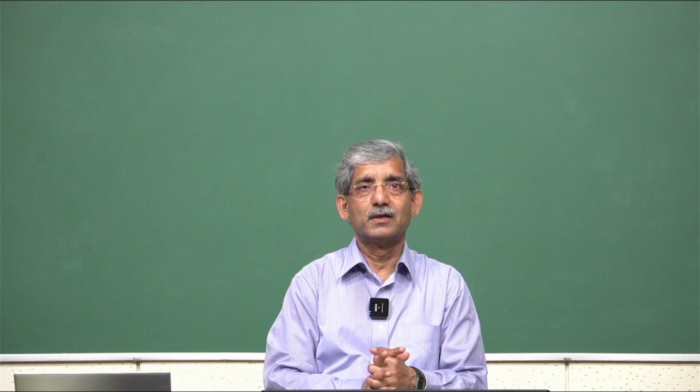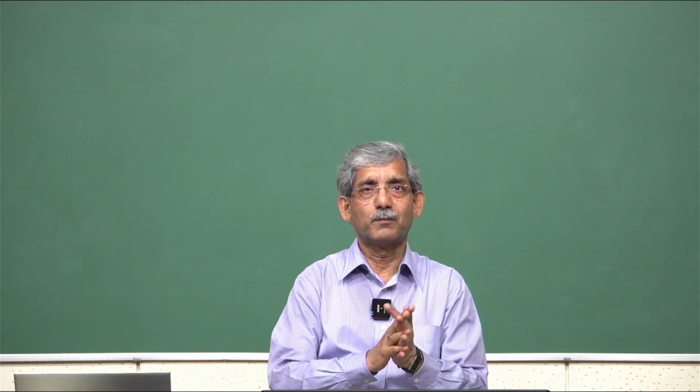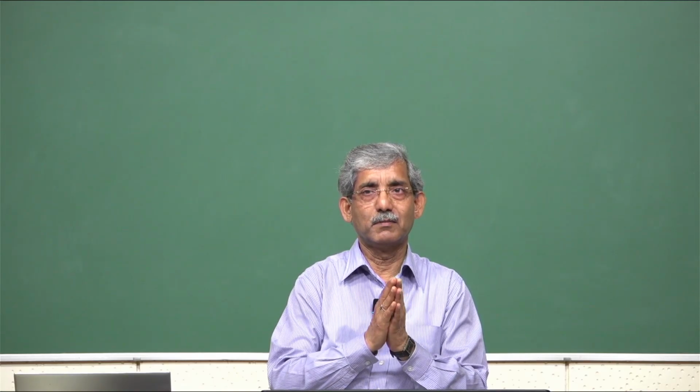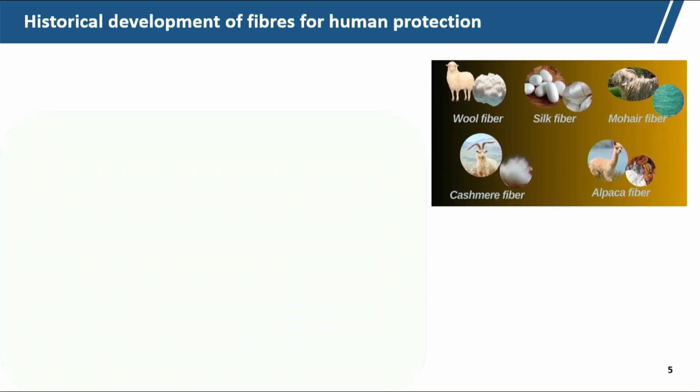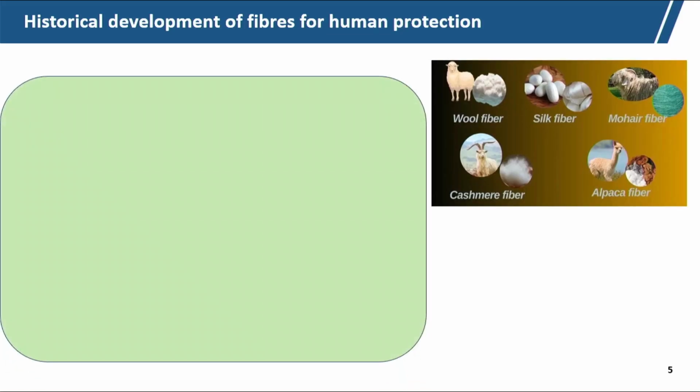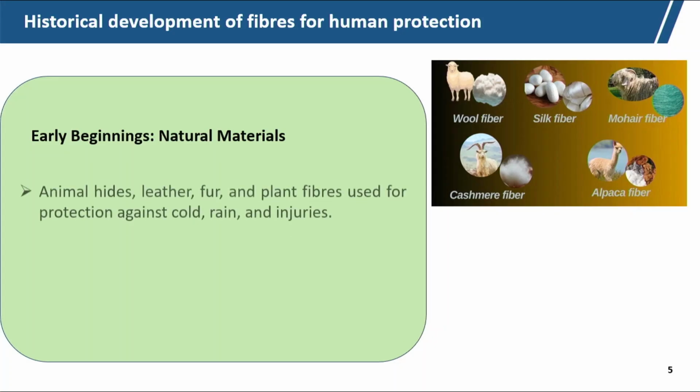Now, if you see the historical development of protective clothing, there are different types of fibers being used. Wool fiber, silk, mohair, cashmere: in the early beginning only natural materials were used.